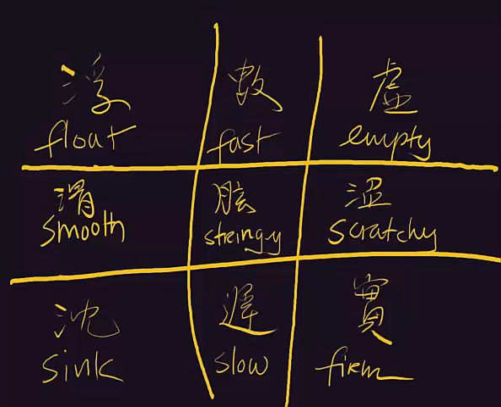This 9 pulse: float, sink, fast, slow, empty, firm, smooth, scratchy, and stringy correspond to the 9 particular TCM pathologies.